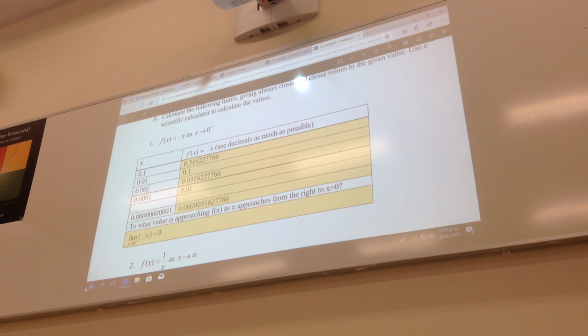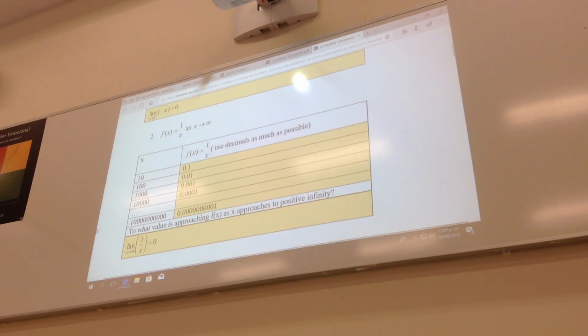So the limit approaches what? 0. Okay, because the value of the function keeps getting smaller and smaller. Second one, f of x equal to 1 over x as x approaches infinity.